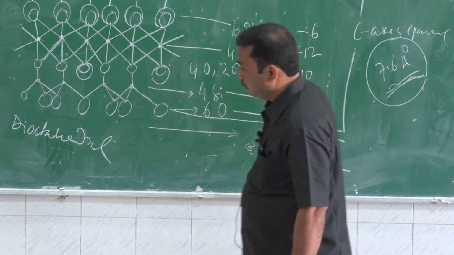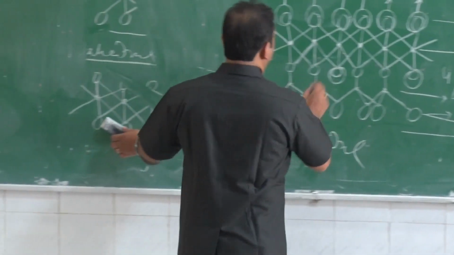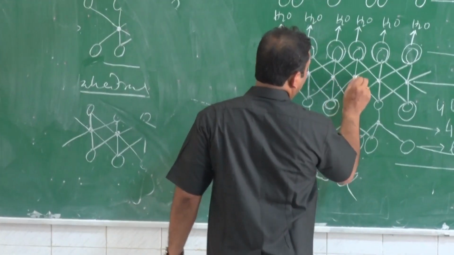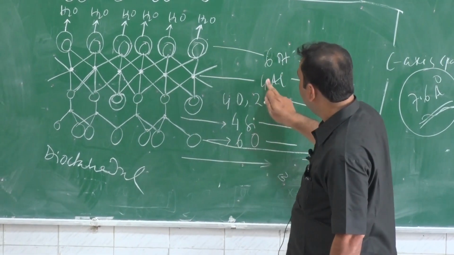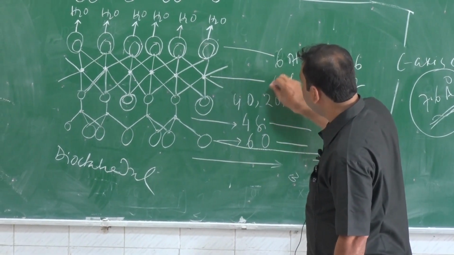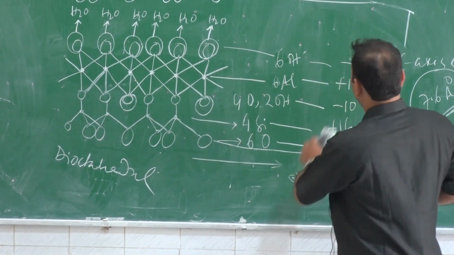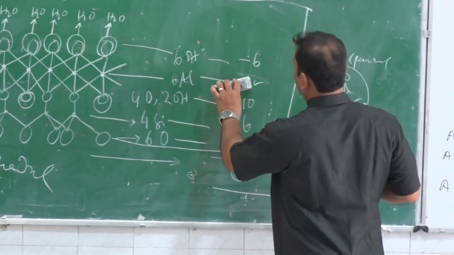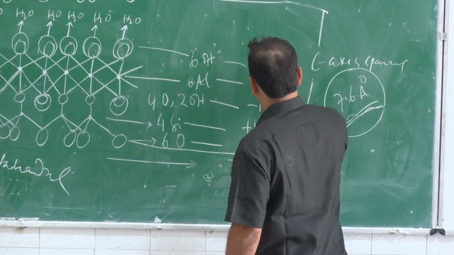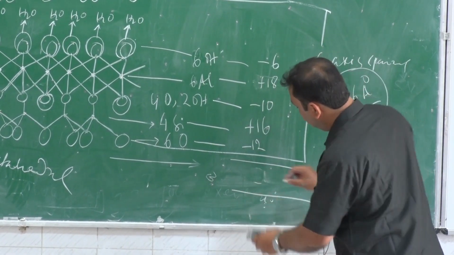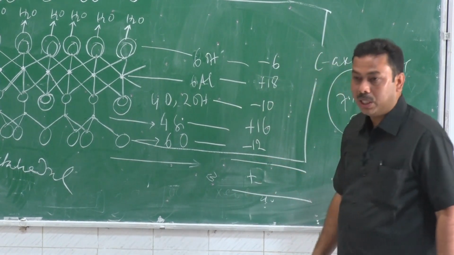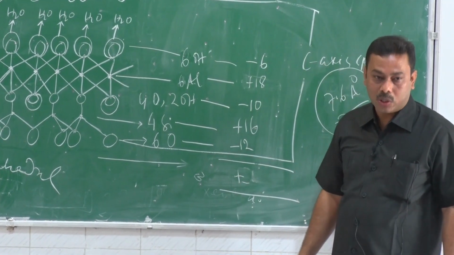Now remember that. Had all this being the aluminium, then it would have been 6. Then positive charge.